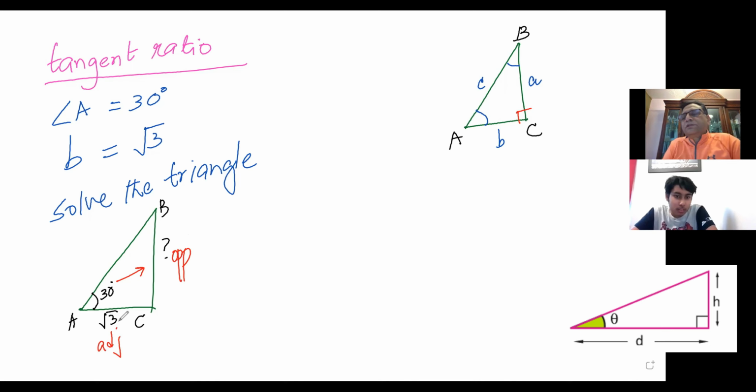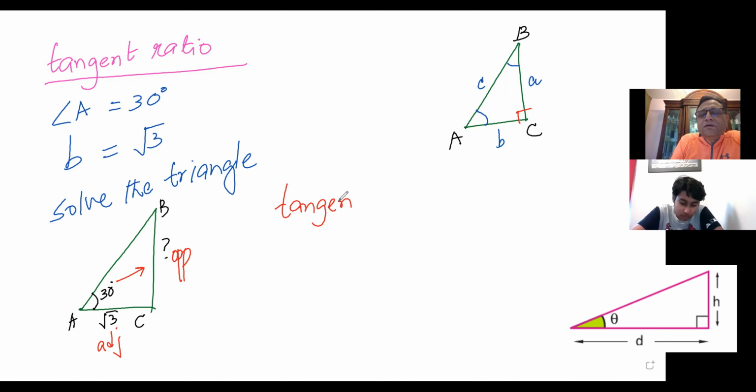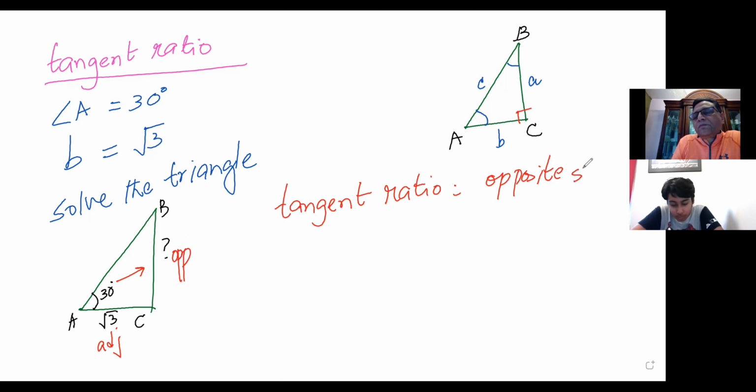So when you use opposite and adjacent, which trigonometric ratio do you use? Tan. Correct. So tangent ratio is basically the ratio of opposite side to adjacent side.